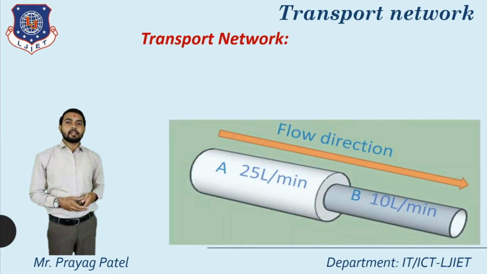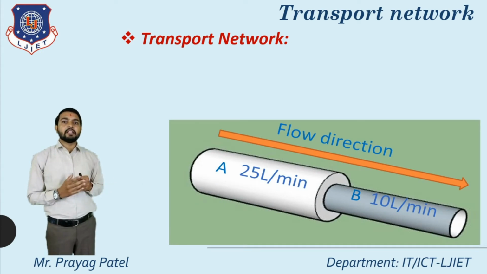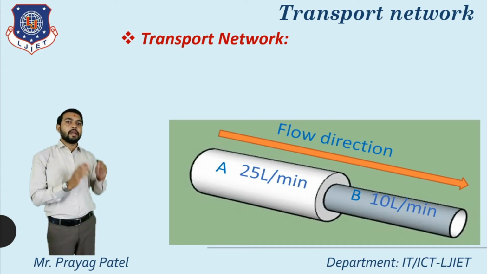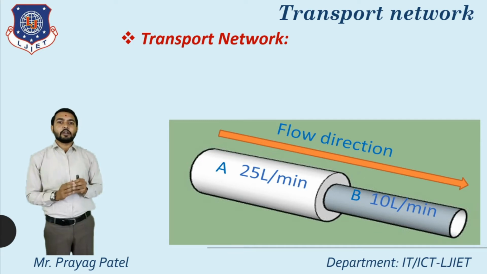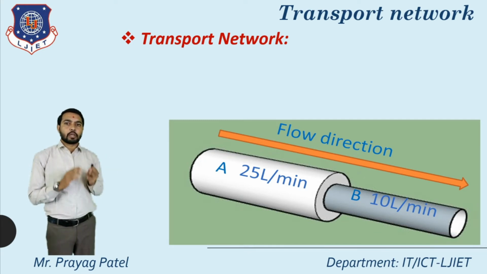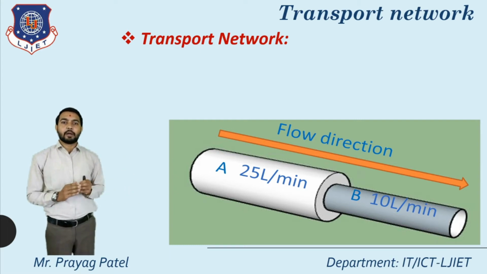Now the second figure is this type of figure. In this figure, the flow direction is from A to B, but the capacity of A and B is changed. The capacity of A is 25 liters per minute, the capacity of part B is 10 liters per minute, and the direction is from A to B. Now what is the maximum flow of this network? What is the maximum capacity of this network?